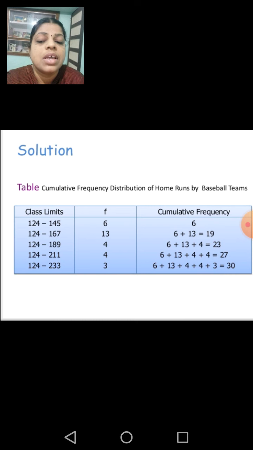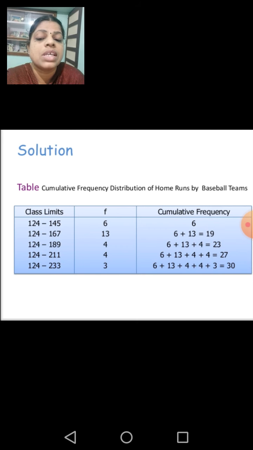Whereas we can see in the next one, that is 124 to 167. So if we have to form the cumulative frequency, what we have to do is add from the first class interval values to the last one. So here we can see the values in the second class limits. We can see the lower limit 124 to 167.